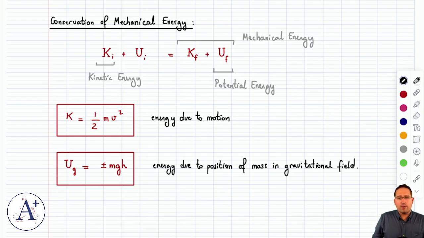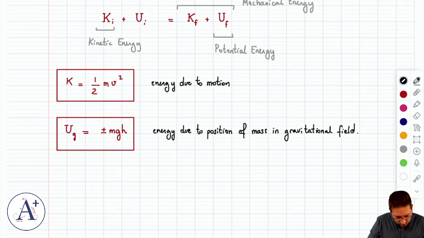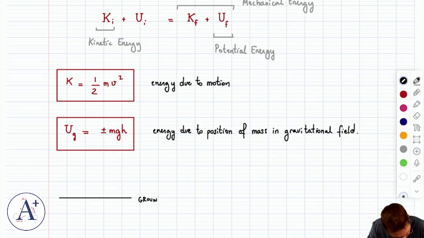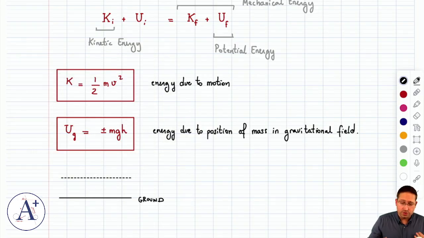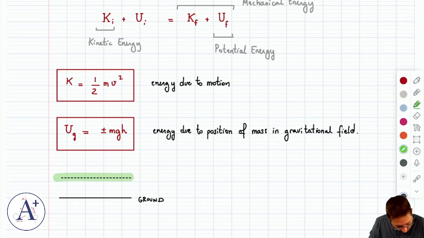Okay, and I wrote plus or minus because it could be plus or minus depending on where you place your origin. Okay, so maybe a quick drawing to accompany this. If this is the ground, you can pick your origin for gravitational potential energy wherever you want. Now, personally, I would probably choose the ground, just out of habit, because we tend to measure height from the ground up. But the point is, you can place your reference here for gravitational potential energy anywhere you want.